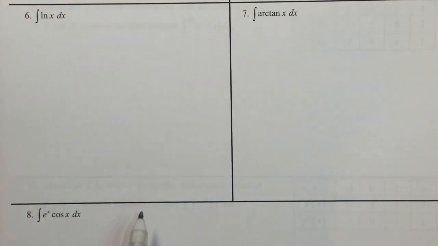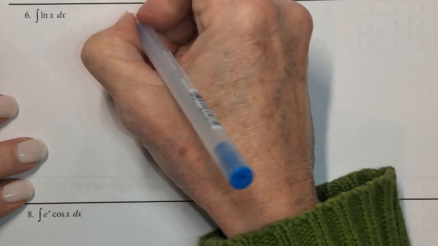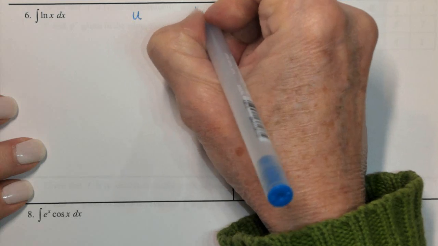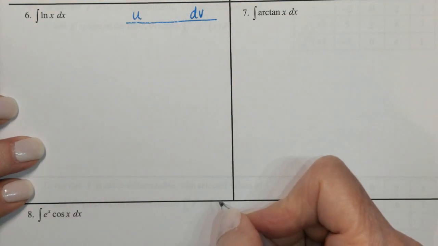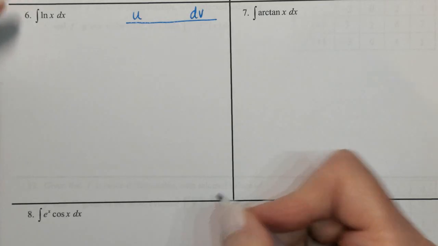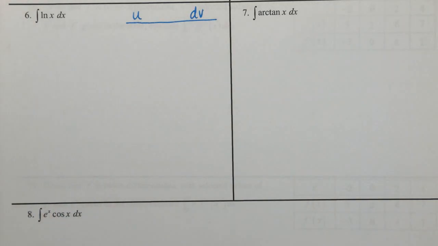You can think of this as 1 dx, all right? So we are going to force it to be by parts. Remember, you guys, any integral, we can try by parts on it. It's just that some are better candidates than others, okay?